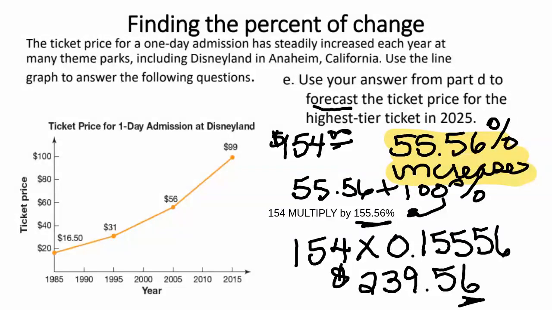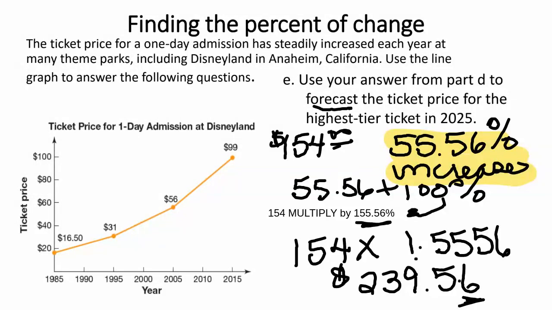And let's make sure I got multiplied right. 154 times... Oops, I put the decimal in the wrong place. This should be 1.5556.